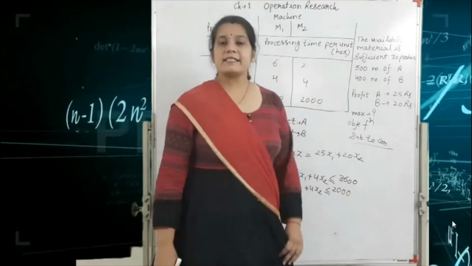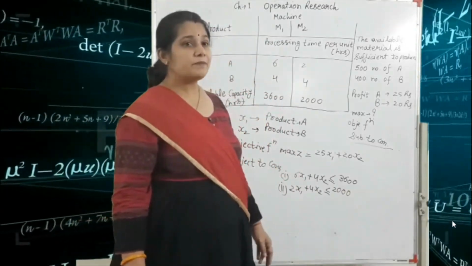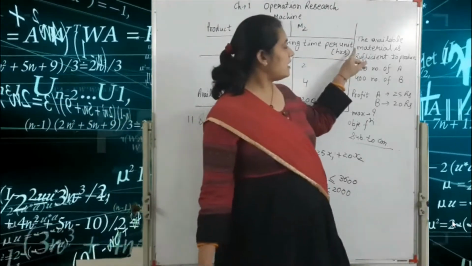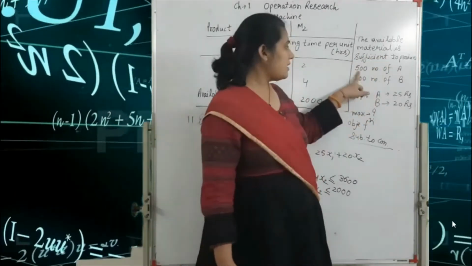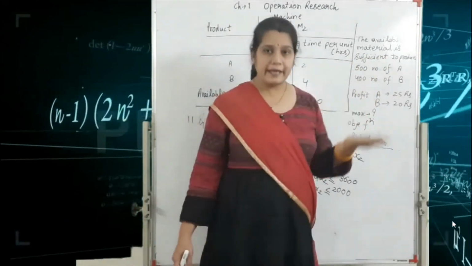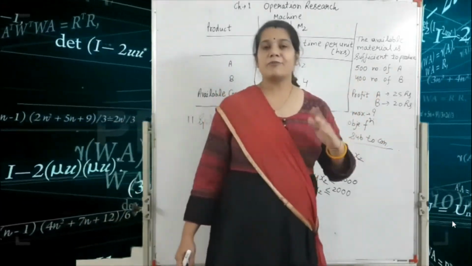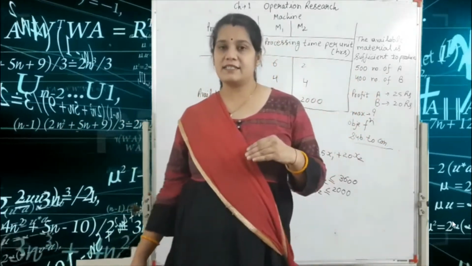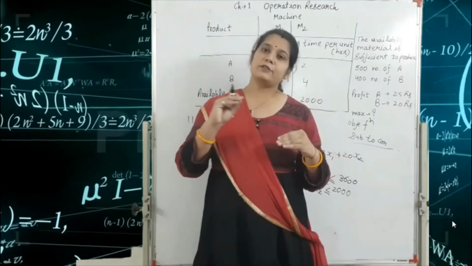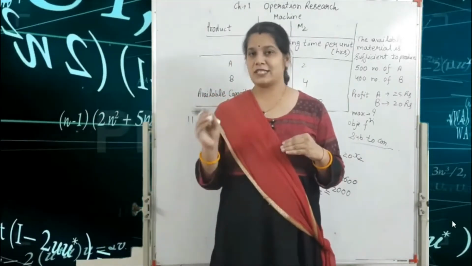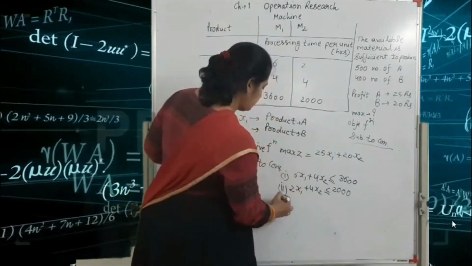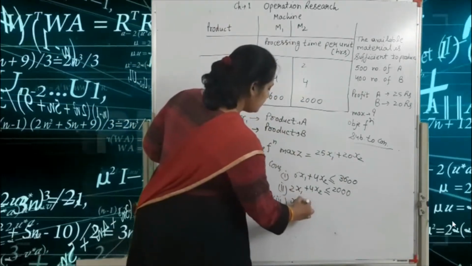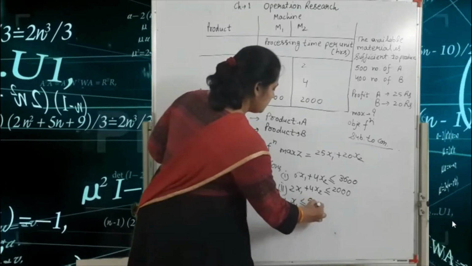Next, the third and fourth constraints. The available material is sufficient to produce 500 units of product A and 400 units of product B, and we consider x1 as product A and x2 as product B. So the third constraint equation is x1 less than or equal to 500.